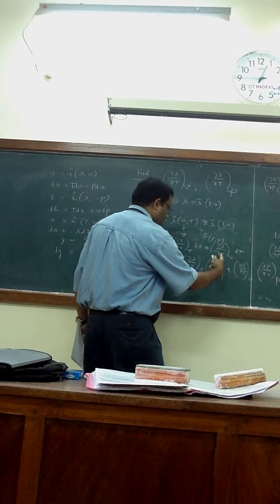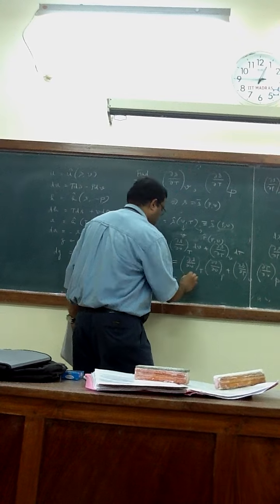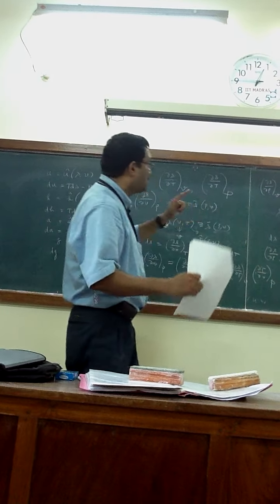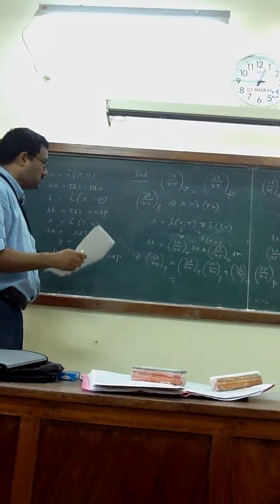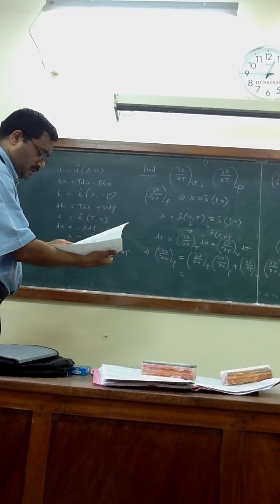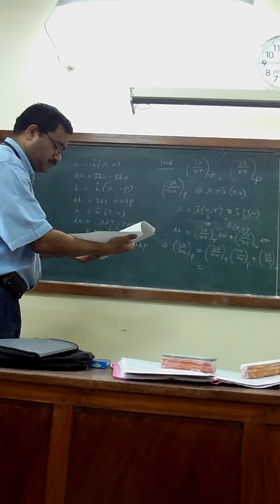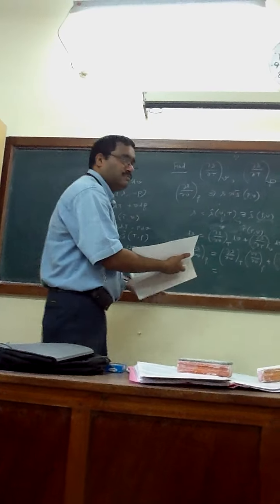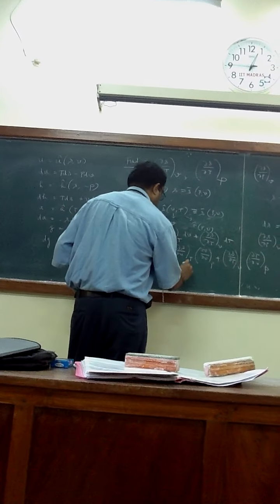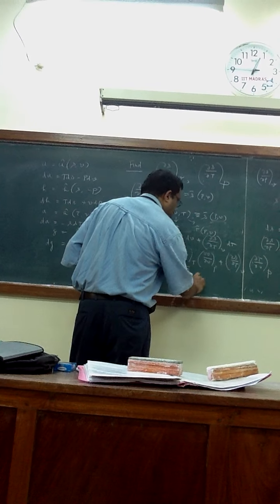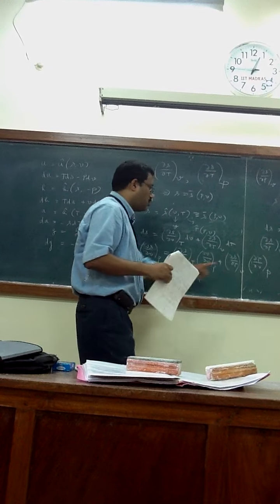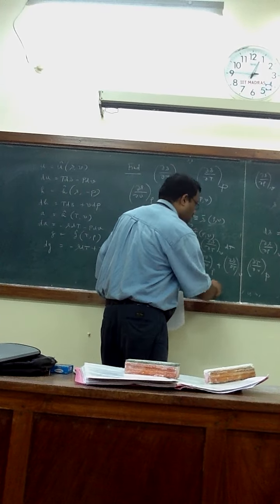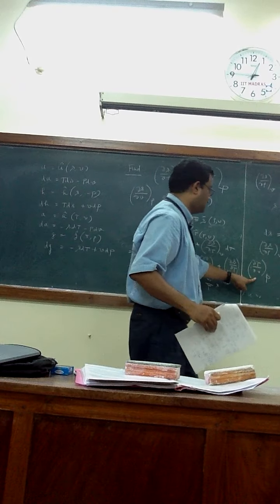This is going on. ∂S/∂V at constant T, is it obtained earlier? Yes, sir. It is beta by kappa, the definition part. ∂S/∂T at constant V is obtained, Cv by T. Now ∂T/∂V at constant pressure, how to get it?